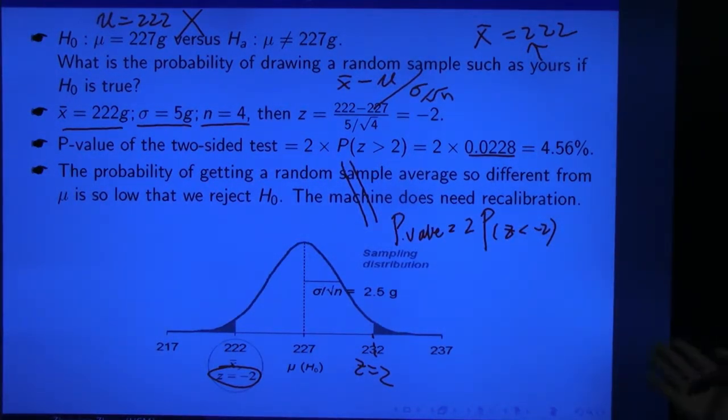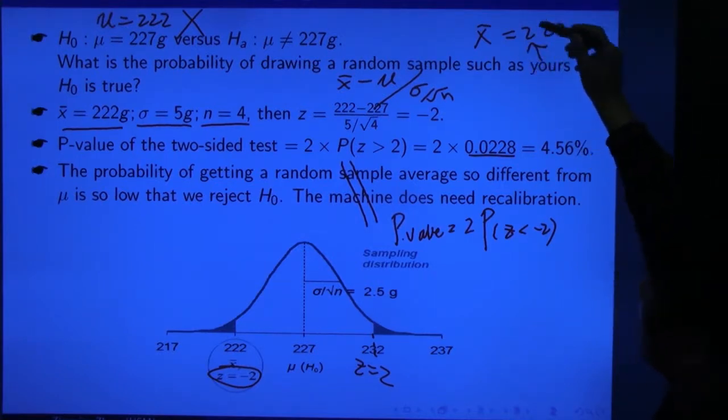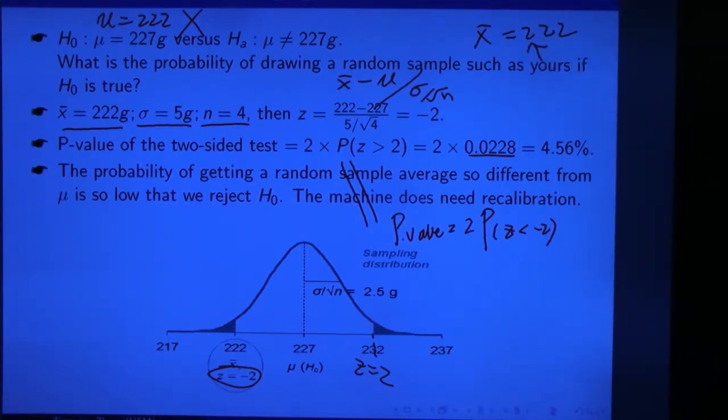So we calculated the p-value, which equals 4.56%. What does that mean? That means if the population mean equals 227, then we are going to have a 4.56% chance to get a random sample whose mean equals 222.